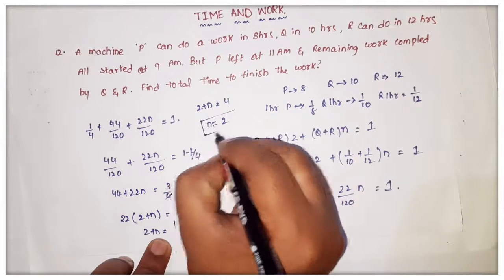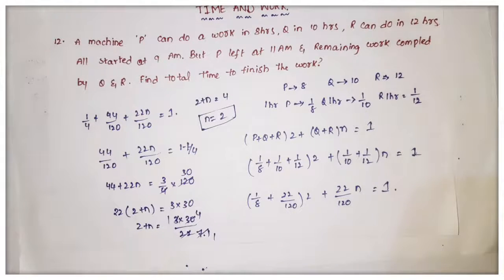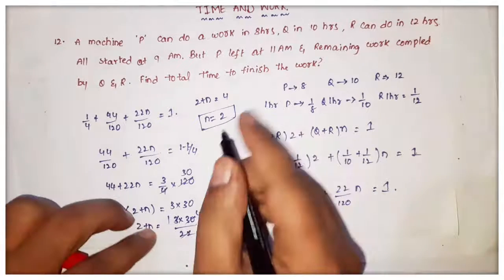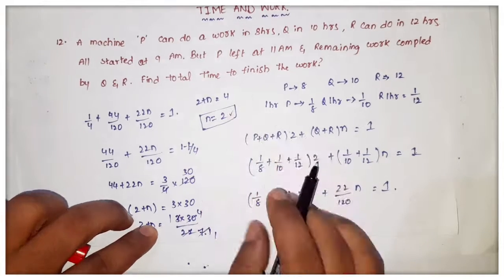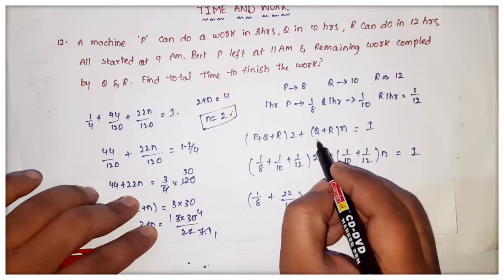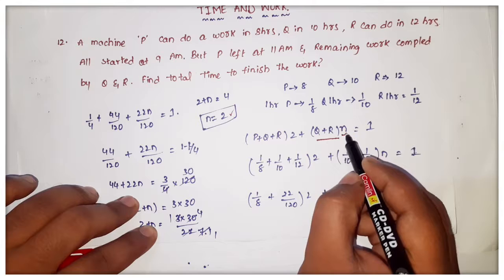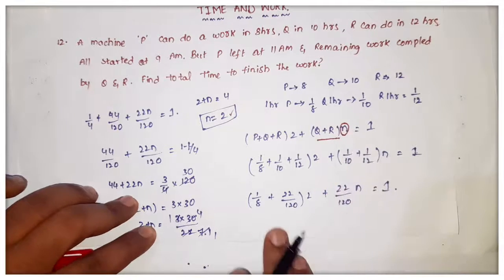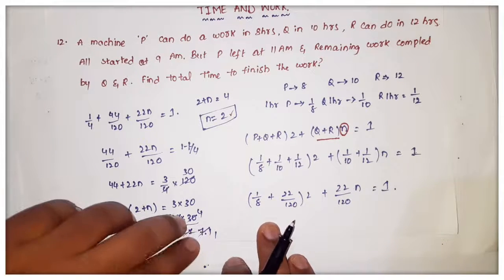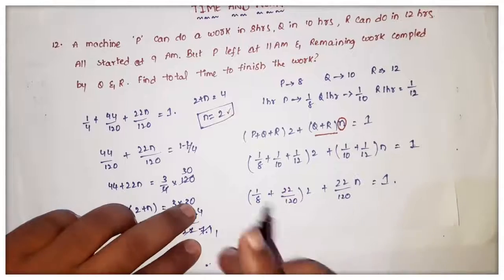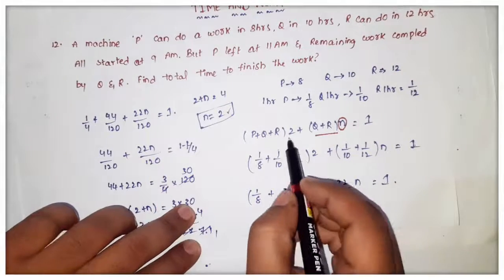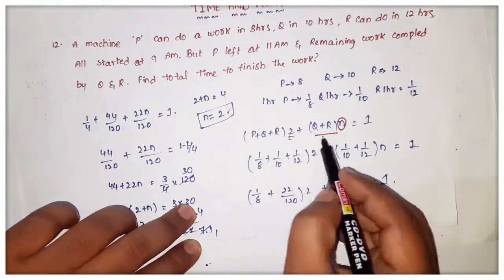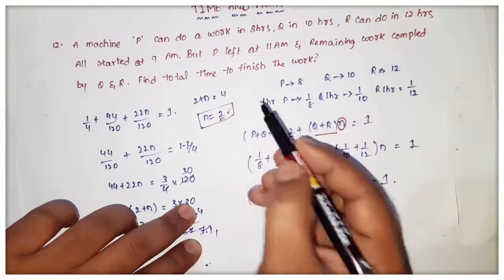So Q and R worked together for 2 more hours. N is the time Q and R worked. So N equal to 2. What is the total time taken to finish the work? Initially all three worked for 2 hours and Q and R worked for 2 hours.